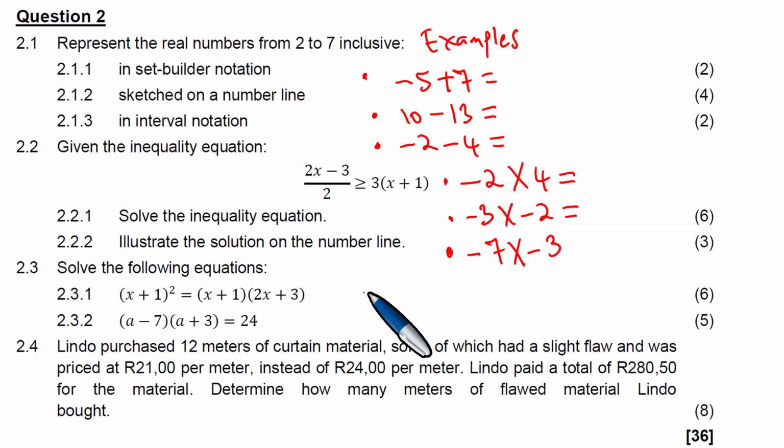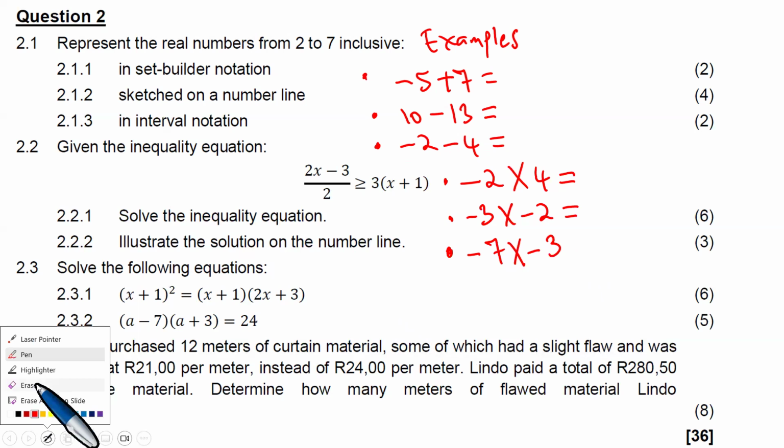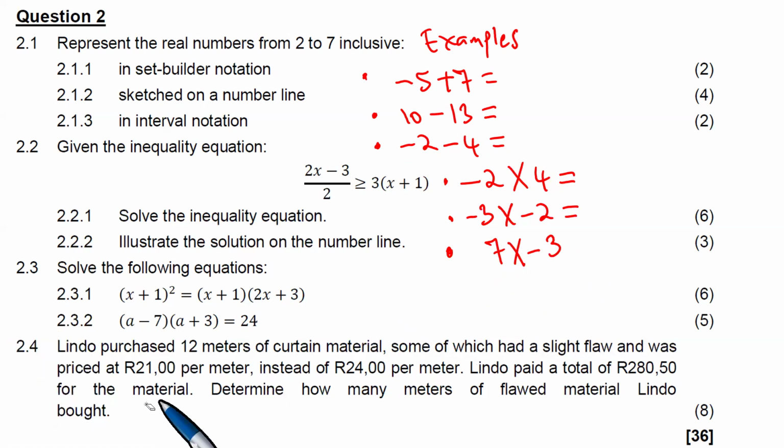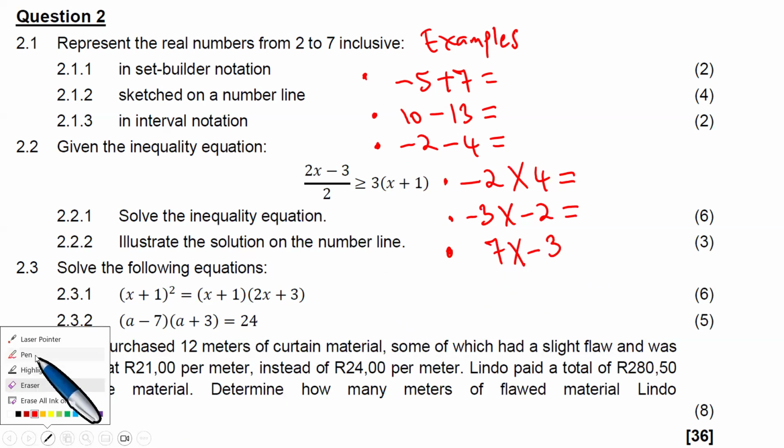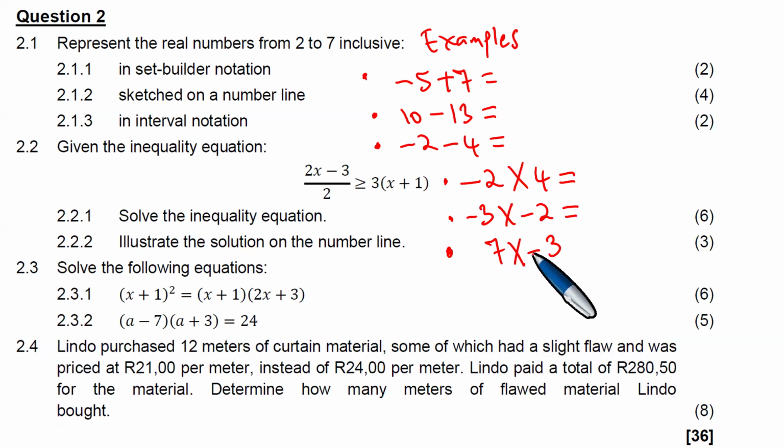Or let's say 7 times minus 3. It's awkward to write like this. Normally you put some parentheses like that so that the signs do not look nasty. I want us to practice this a little bit.